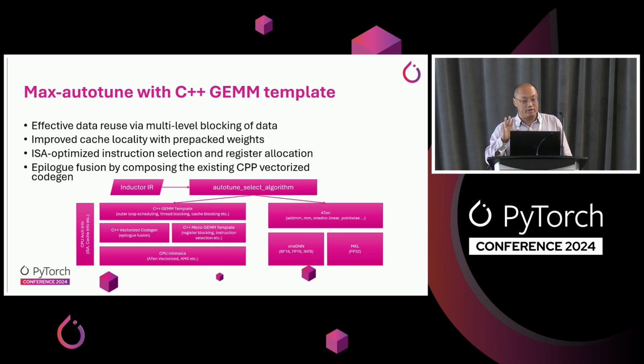For CPU, the default implementation of GEMM is ATen, powered by oneDNN and MKL libraries. Now we've added the CPP GEMM template that optimizes for data reuse, cache locality, instruction selection, register allocation, and more flexible epilogue fusion that further boosts GEMM performance.